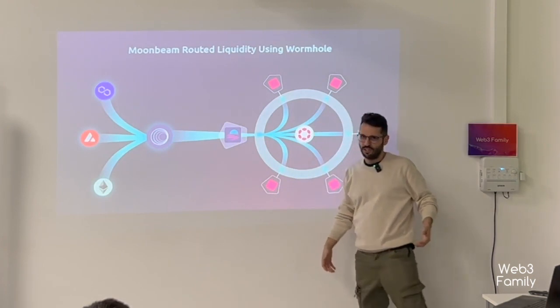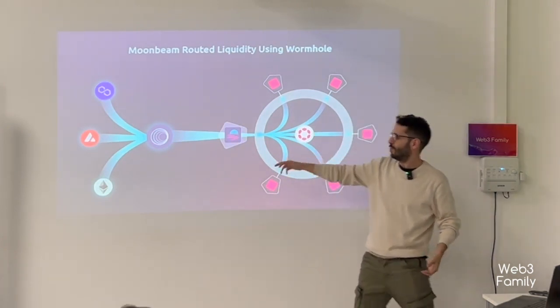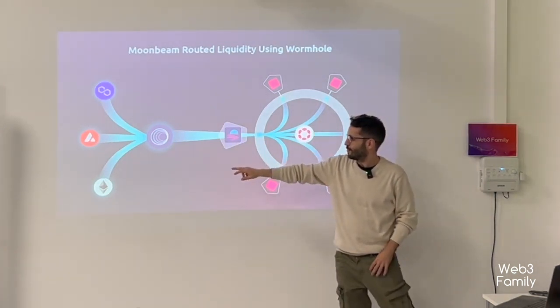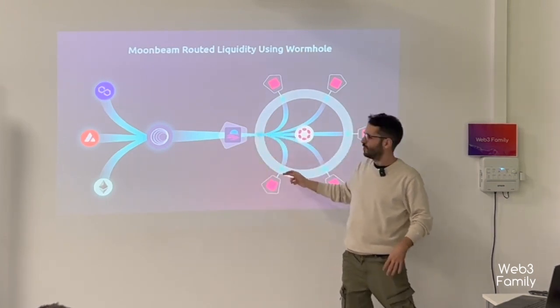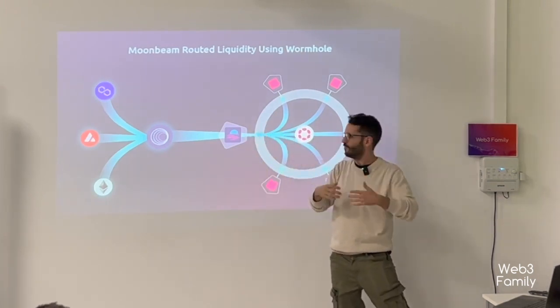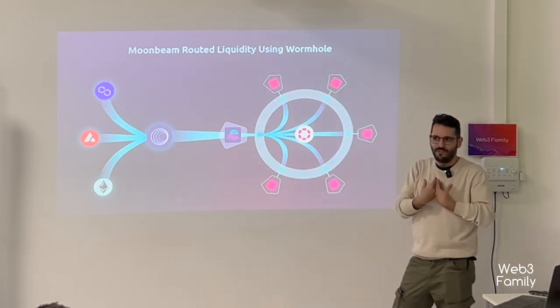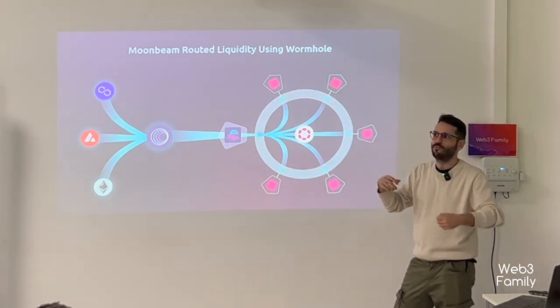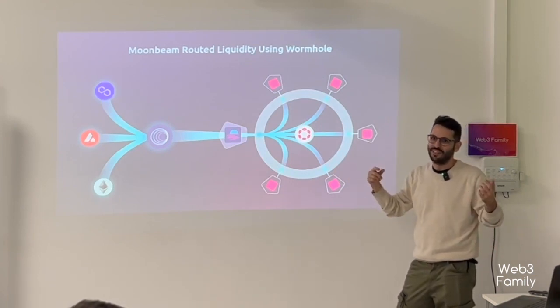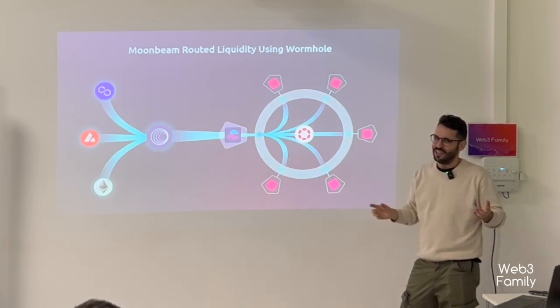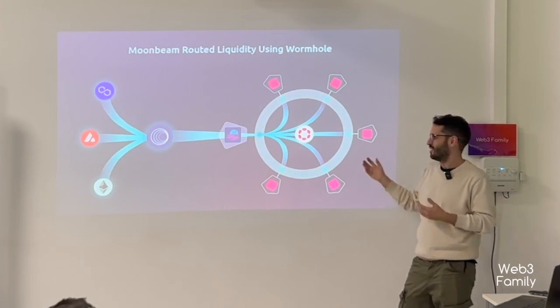Using token bridges and all this stuff, you would need to bridge your assets from Ethereum to Polkadot, from Polkadot to Moonbeam, and from Moonbeam to Hydra, so 2, 3, 4 transactions. If, for example, I go to Amazon and I want to buy something, if I cannot have it in 1 click or 2, I may lose interest. It's the same with this.